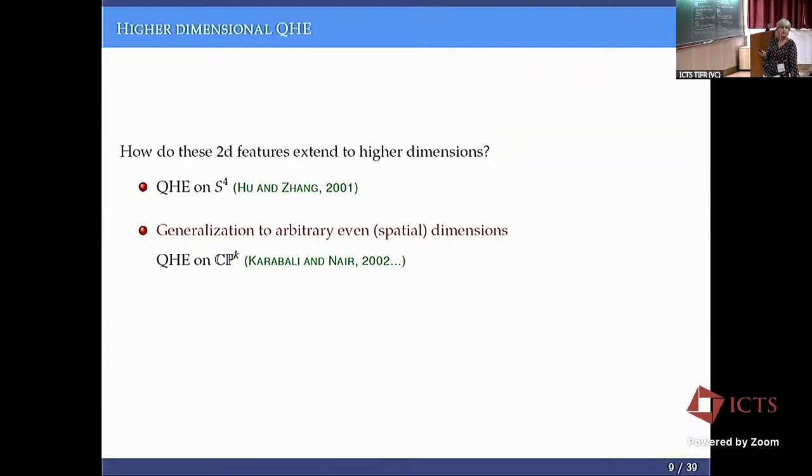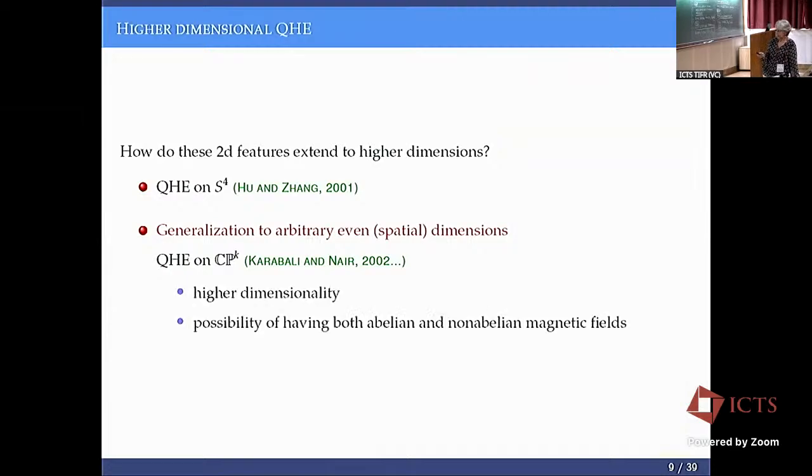Now, this has 2 nice features. The first is that it introduces higher dimensionality, and we can systematically, for any K, study the quantum Hall effect in these manifolds. And also it introduces the possibility of having both abelian and non-abelian magnetic fields.